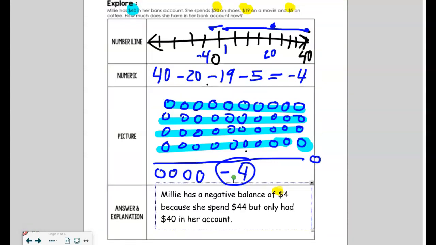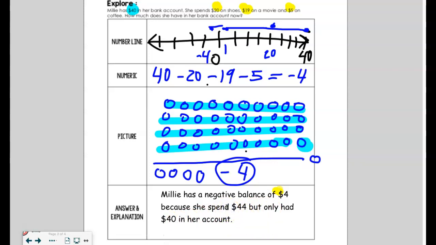So if you look at this, Millie has a negative balance of $4 because she spent $44 but only had $40 in her account.